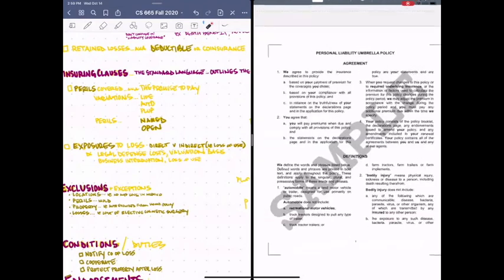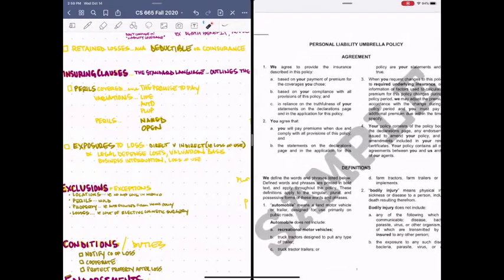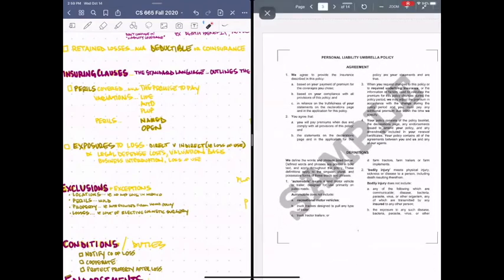So in this personal liability policy agreement, you can see that State Farm is agreeing to provide insurance as described later in the policy, based on whether or not I pay my premium and if I comply with all their provisions, which they're about to tell me what they are, and they're going to rely on my truthfulness. So this is a little bit of both agreement and conditions all at the same time.